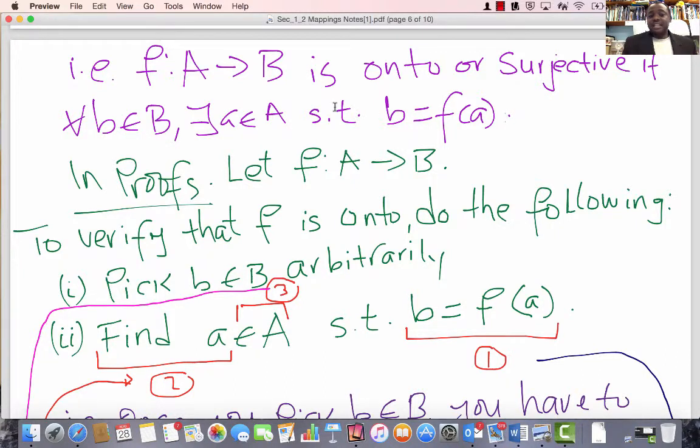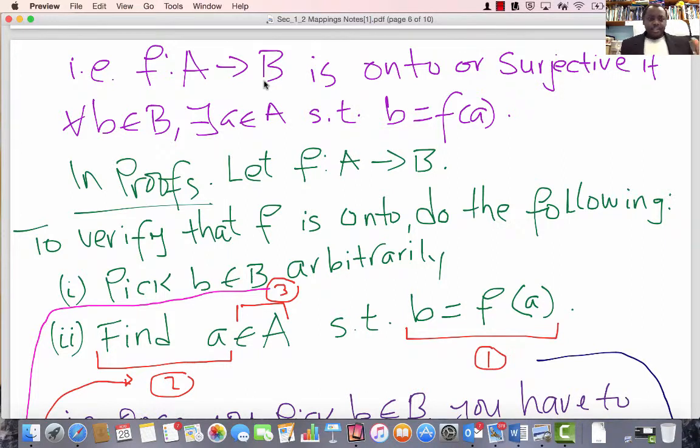Basically, what we are saying is if I pick an arbitrary element from B, I can always find an element from A that is mapped onto that element from B.